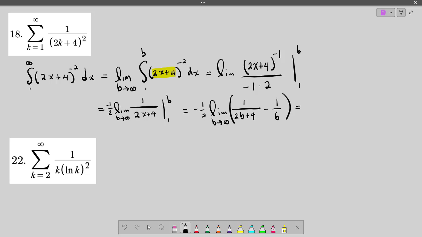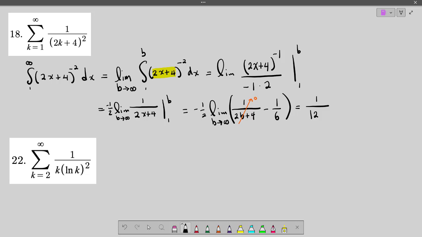Where does this part go? 0. That's going to go to 0, because the denominator is growing without bound, fractions have to go to 0. So what is our total then here? -1/6. So the limit is -1/6, and then if we multiply it by that -1/2, we get 1/12.